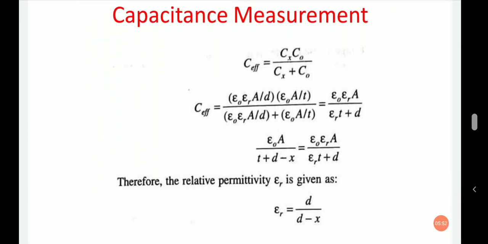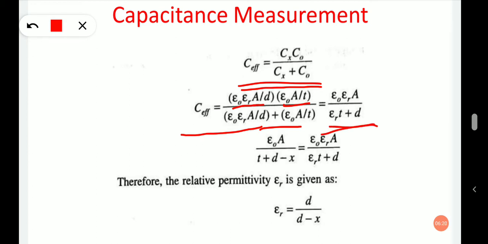So we can write C effective is Cx C0 upon Cx plus C0, or C effective is epsilon 0 epsilon r a upon d into epsilon 0 a upon t, upon epsilon 0 epsilon r a upon d plus epsilon 0 a upon t, that is epsilon 0 epsilon r into a upon epsilon r t plus d.